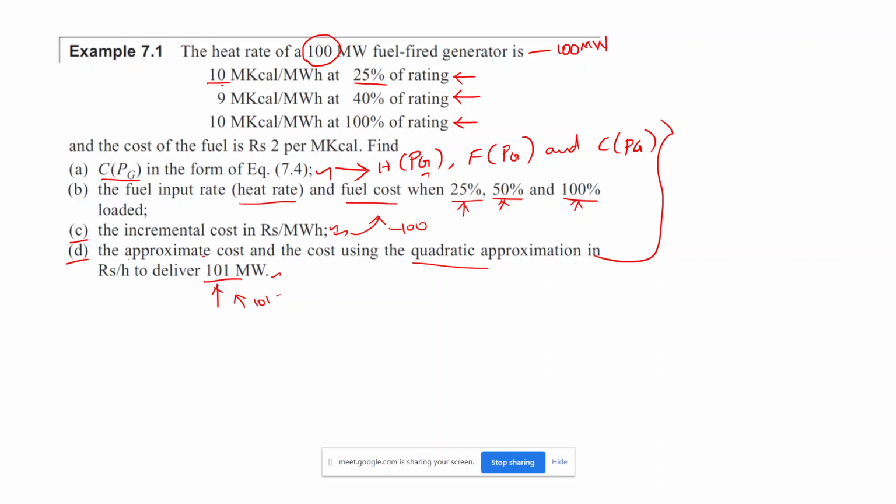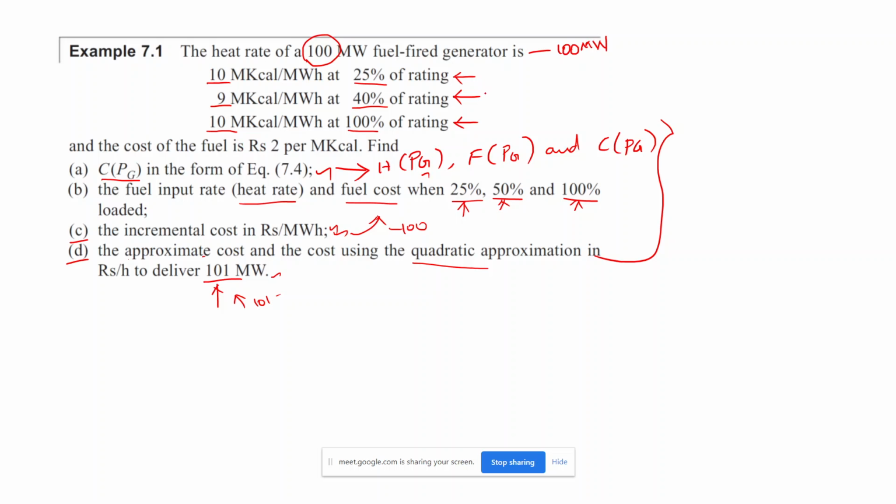So this is the heat I am producing if this generator is running at 25% of the rating. And the same motor, if it is running at 40% of the rated, then this much heat I need to produce, then only I can run this generator. And if it is running at 100%, then I need to give again 10 kilocalories per megawatt hour. So these are all the things they have given.